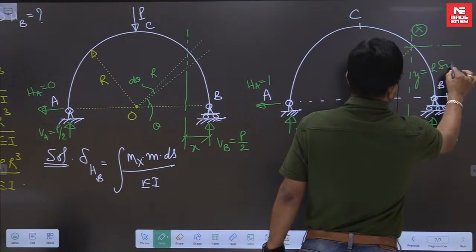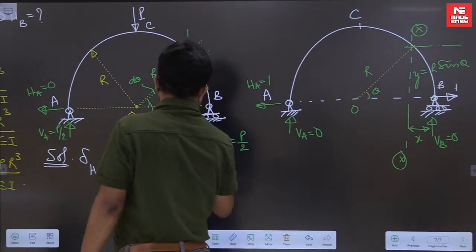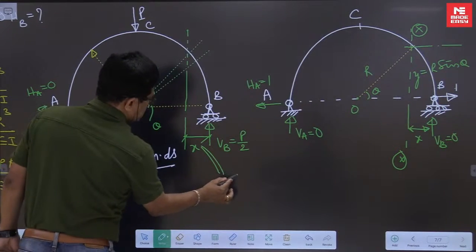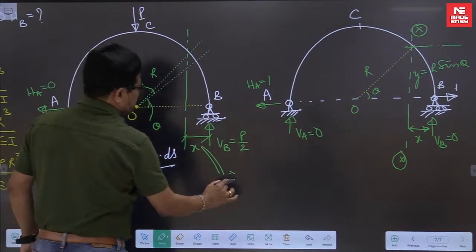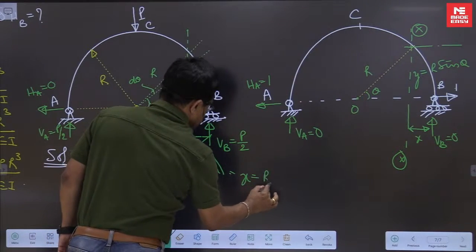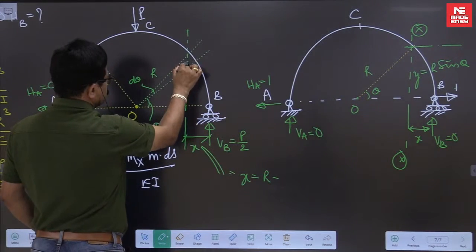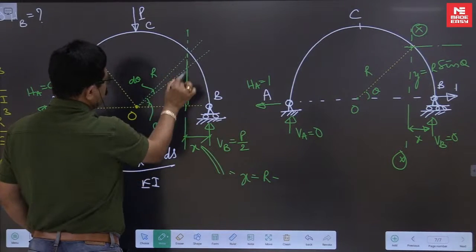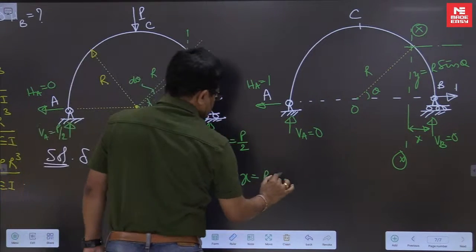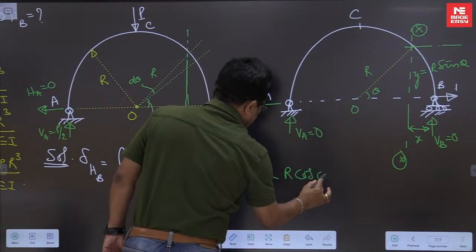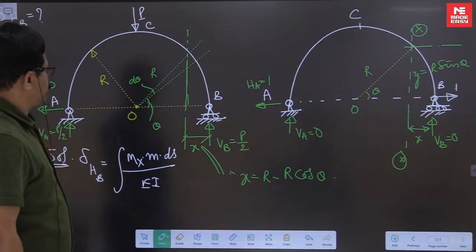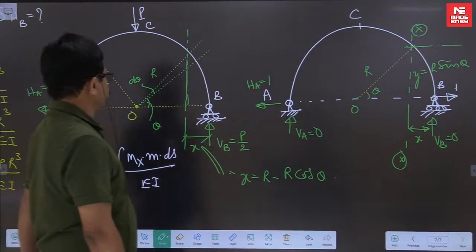Y value is R sin theta. What is x value here? From here to here it is R. R minus, if you take here, this is theta, this is R. From here to here it is R cos theta. So you will get R minus R cos theta, x value.